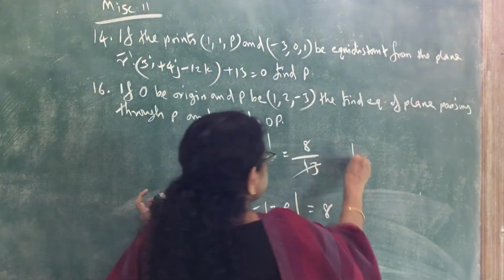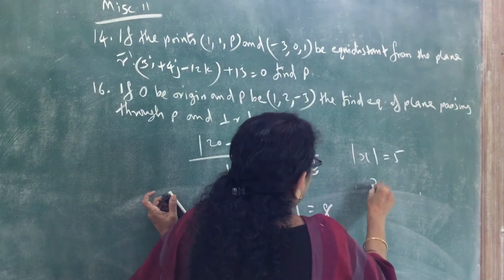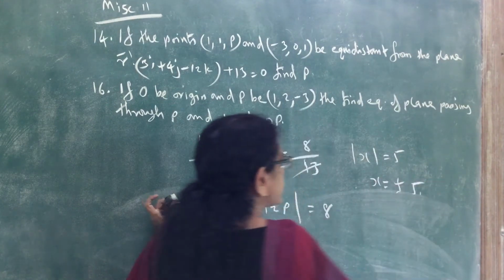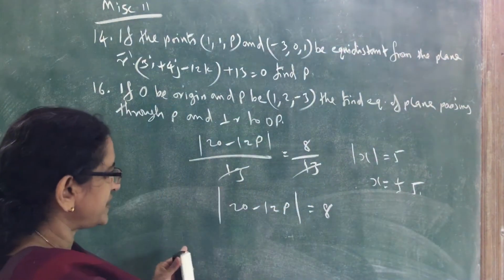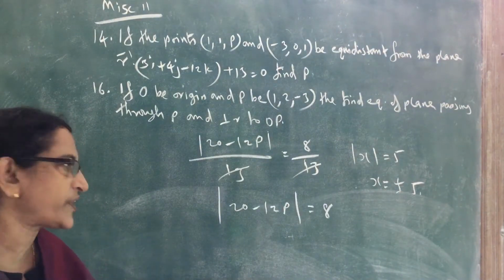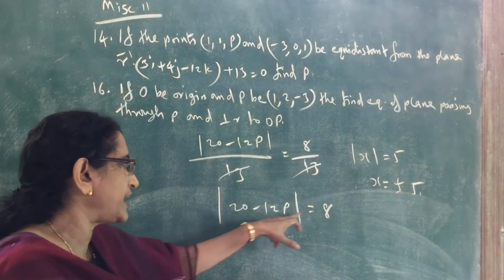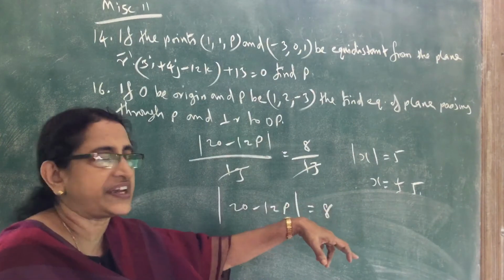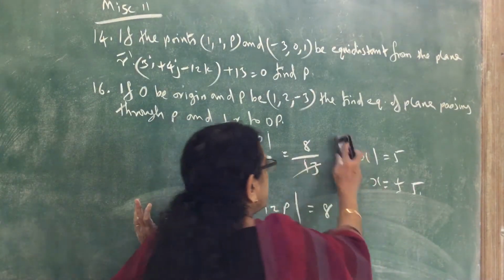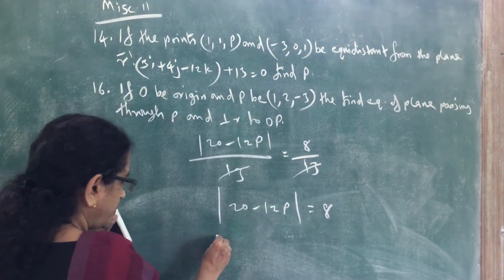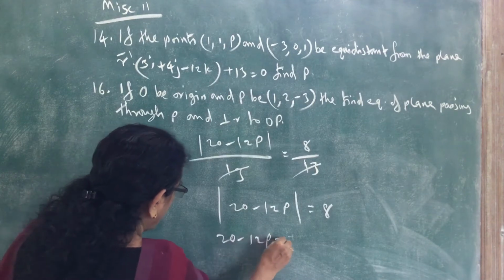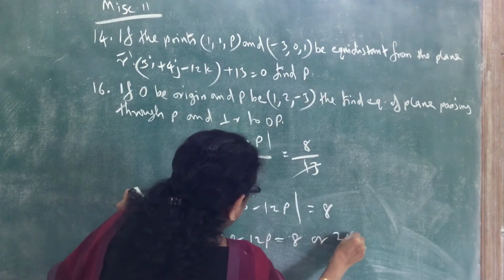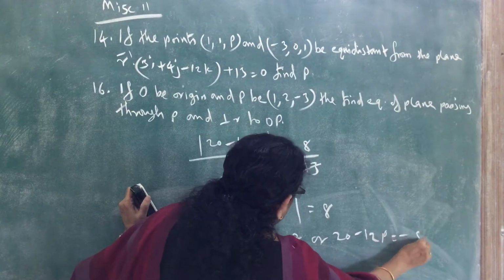Like, if modulus x equal to 5, we have to write x equal to plus or minus 5. So 20 minus 12p equal to 8 or 20 minus 12p equal to negative 8.